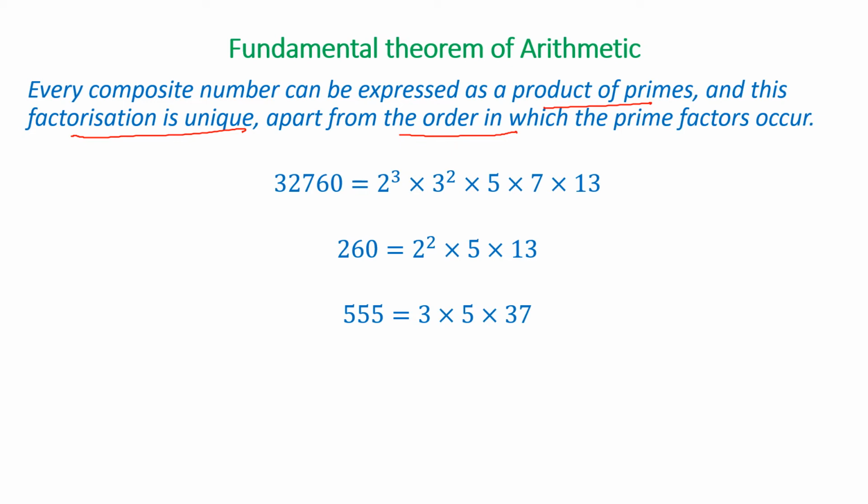This factorization is unique, that is, you cannot get rid of 1, 5 or 1, 7. And also we can of course change the order in which we write these prime numbers, but it's still going to remain as a product of prime numbers.